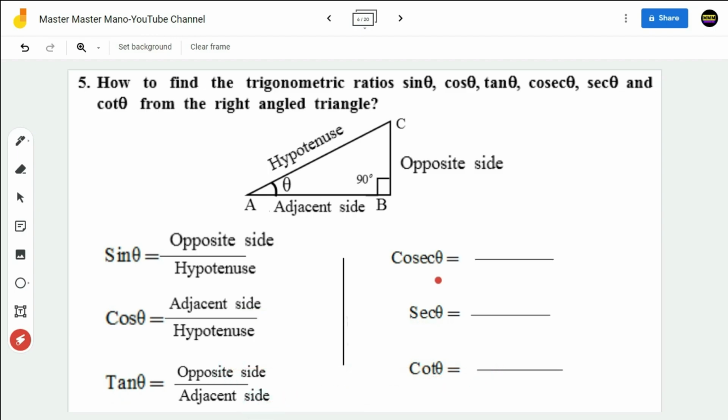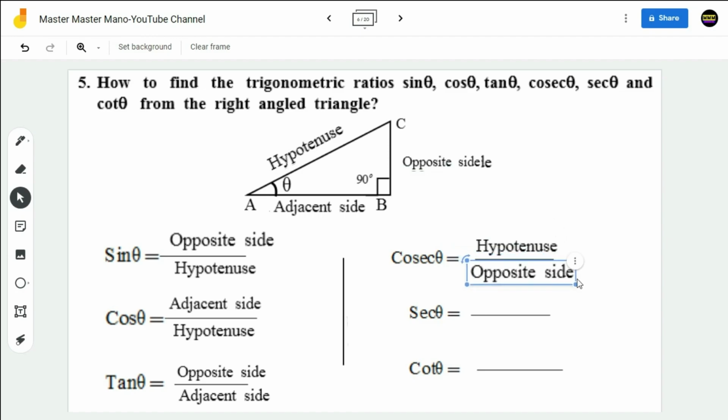Now we shall see cosecant theta. That is cosecant theta equal to hypotenuse by opposite side, which is the reciprocal of sine theta.